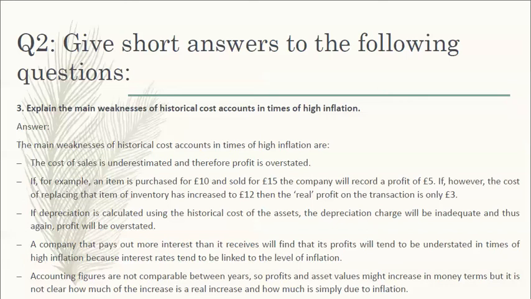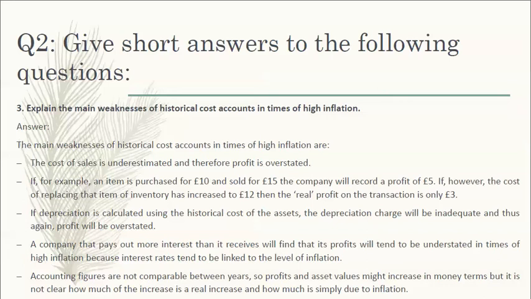In the example we mentioned that the recorded profit is 5, while the real profit is 3. So in this case I have an increase in the asset value and profit, but I do not know what the amount of the real increase is, and how much is simply due to inflation.